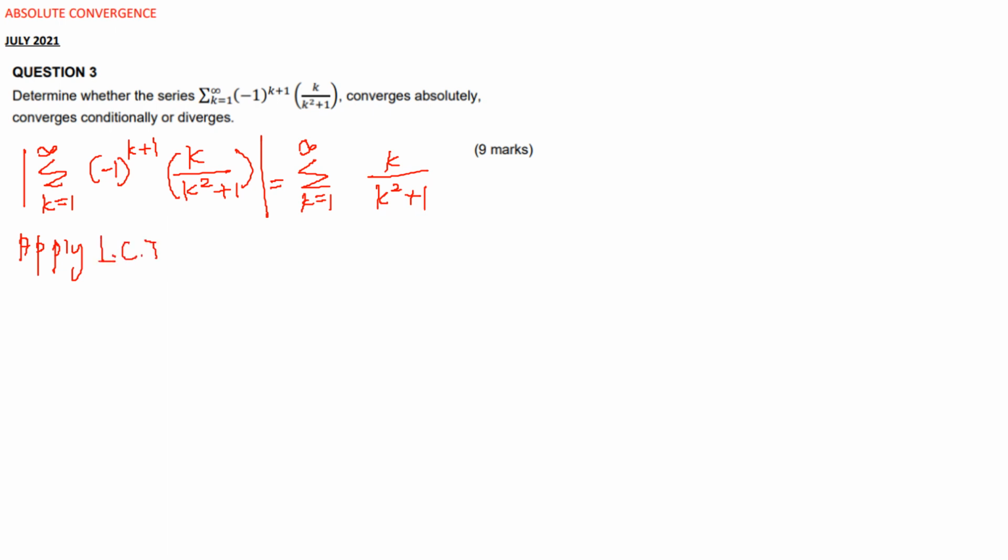To apply it, let a_k equal k over k squared plus 1 and b_k equal 1 over k. Simplifying k over k squared, you get 1 over k. For b_k, we can test using the harmonic series. b_k is the harmonic series.